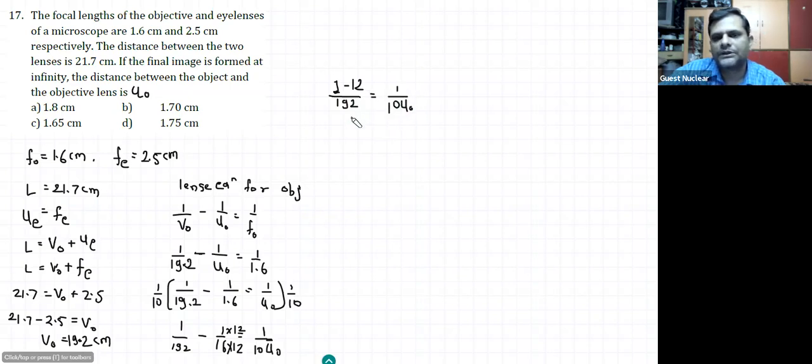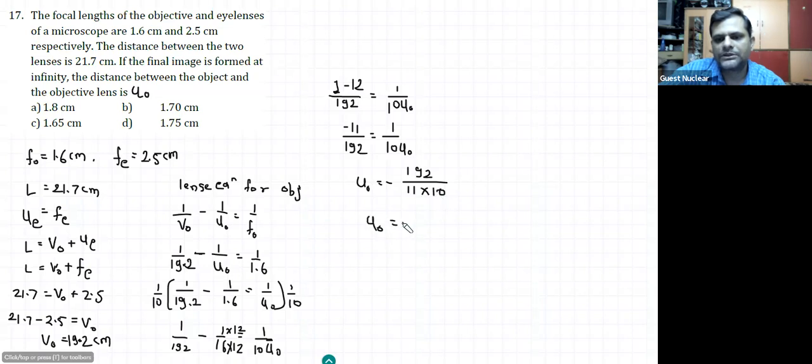Okay, so that this becomes minus 11 upon 192, that is going to be 1/10 UO, so that UO actually becomes equal to minus of, ये UO इस तरफ गया तो इस तरफ आएगा minus of 192 upon 11 into 10.